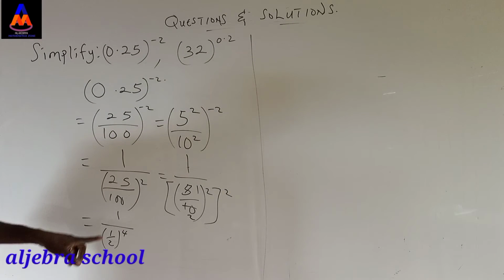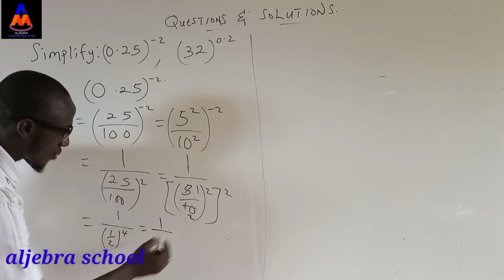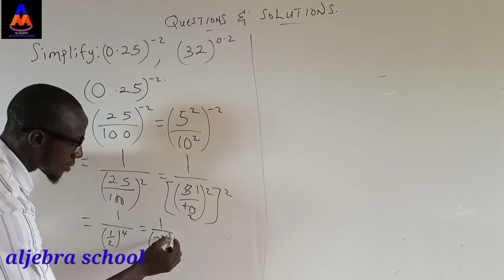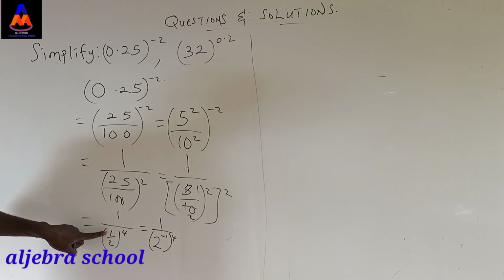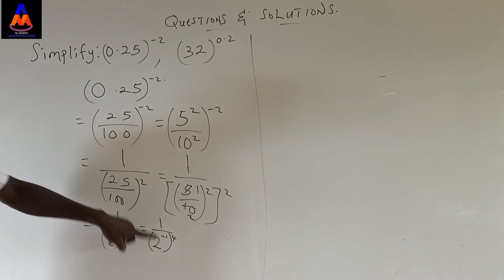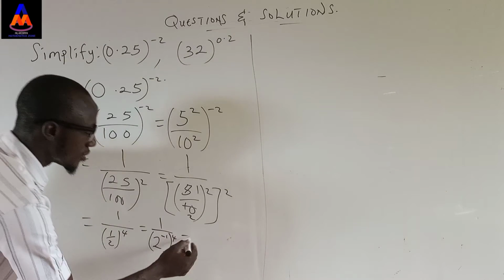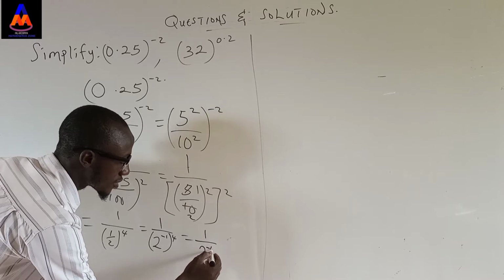So this 1 over 2 is the same thing as 2 raised to the power minus 1, all raised to the power 4. The rule of negative index says that you have 1 over. I'm trying to return this to index form. That's 2 raised to the power minus 1, then this is going to be 1 over 2 raised to the power minus 4.